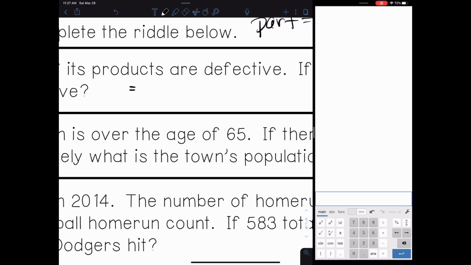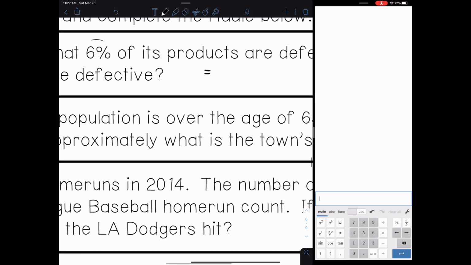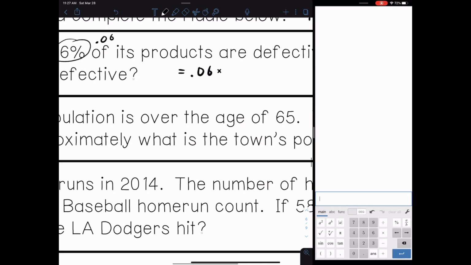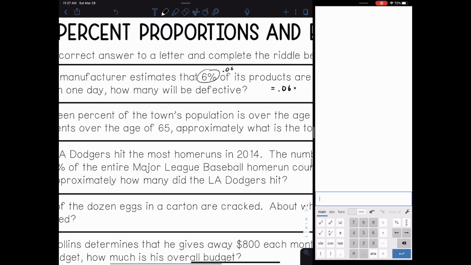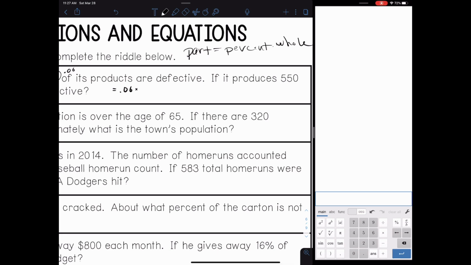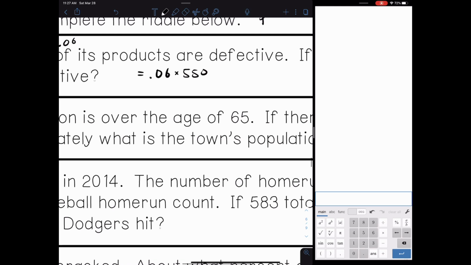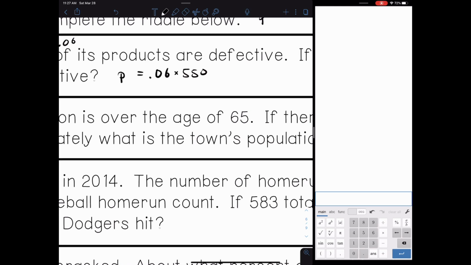They gave us a percentage, 6%, which as a decimal is 0.06, times the whole. It's out of 550 in one day, and I'm looking for the part.